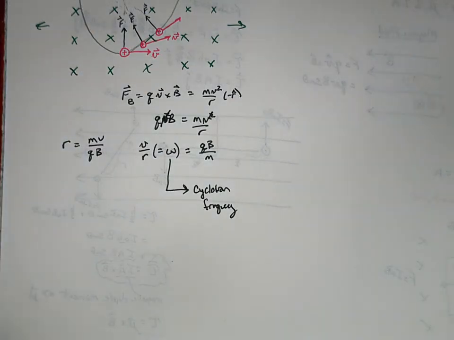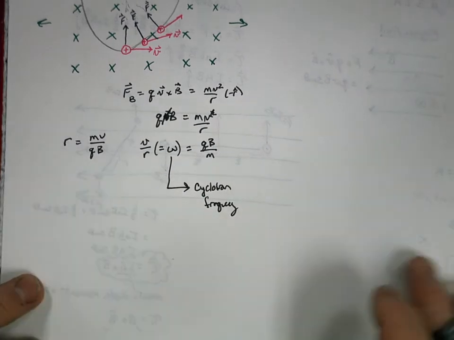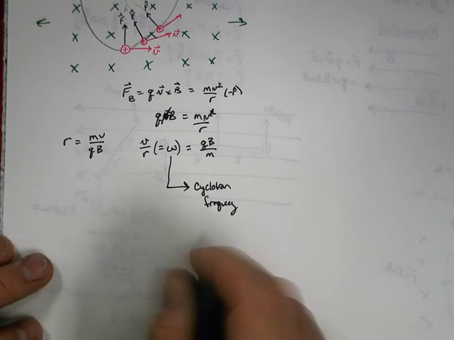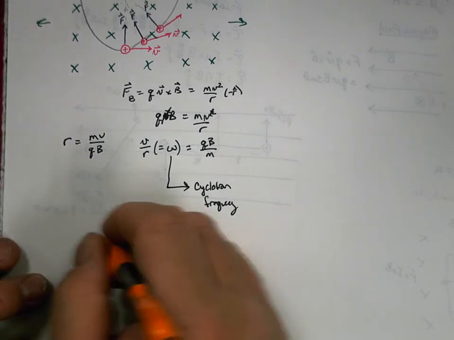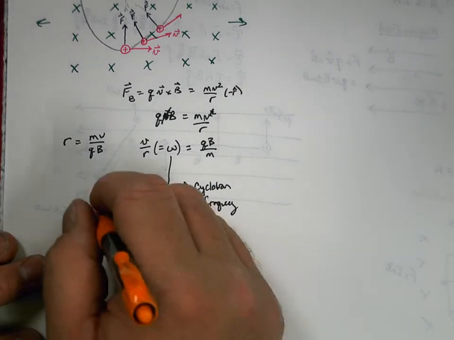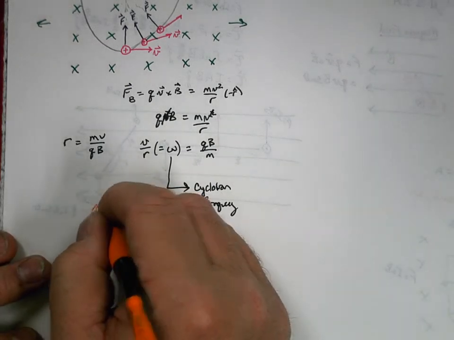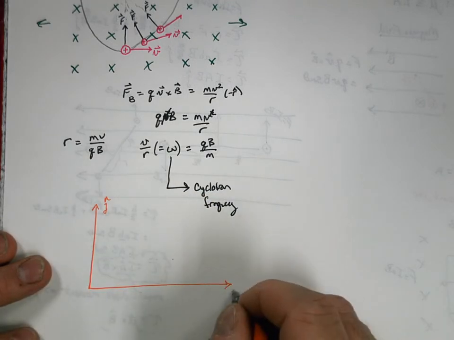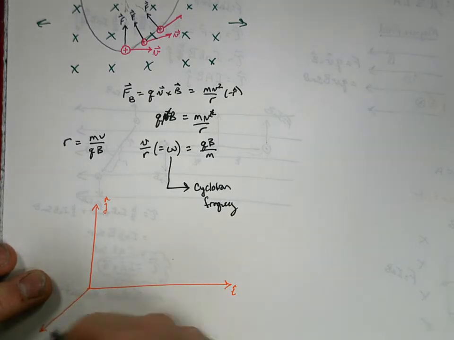Okay, so I want you to think of another situation here. I'm going to draw, and I'm going to bust out another color and make a giant axis here. Now we've got a Y. That's our J-hat axis. Here's our K-hat.